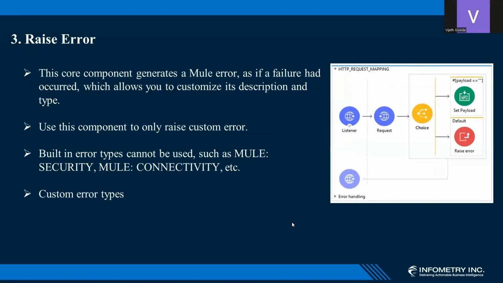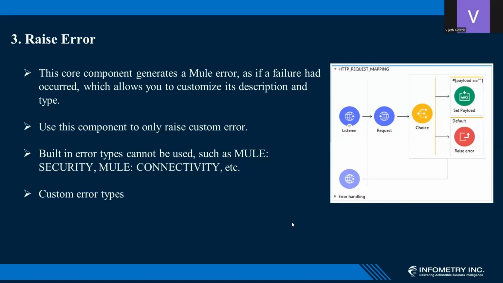Also, while defining a custom error type, we cannot use the built-in error types. As I mentioned here, Mule security, Mule connectivity, HTTP connectivity, and DB bad SQL syntax are already taken, and we cannot use those to customize our error type.